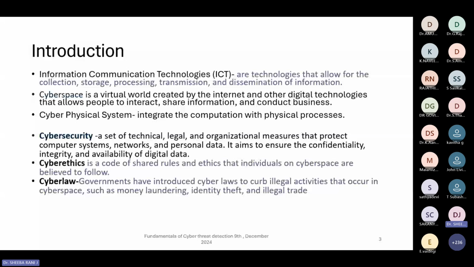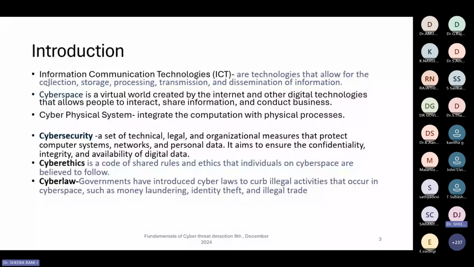Cyber physical systems require embedded processes, IoTs, and a central control unit to control all this information. But physical systems require a good cyber security environment. We can also say cyberspace requires a secure environment. The superset of all is information communication technologies. So cyberspace and cyber physical systems all come under the umbrella of information communication technologies.